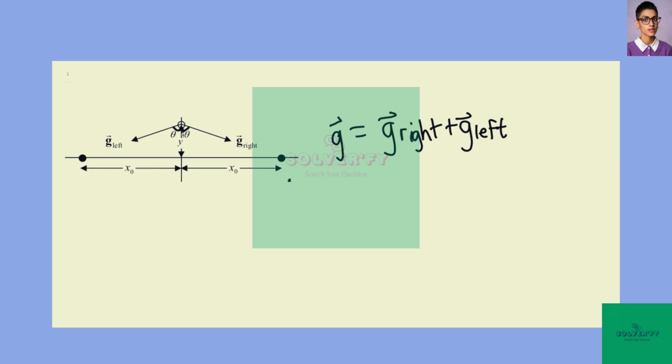In fact, here, because based on symmetry, we know that the x direction is going to cancel out, we can actually just simply find the magnitude of one in the y direction, and then multiply that by 2.